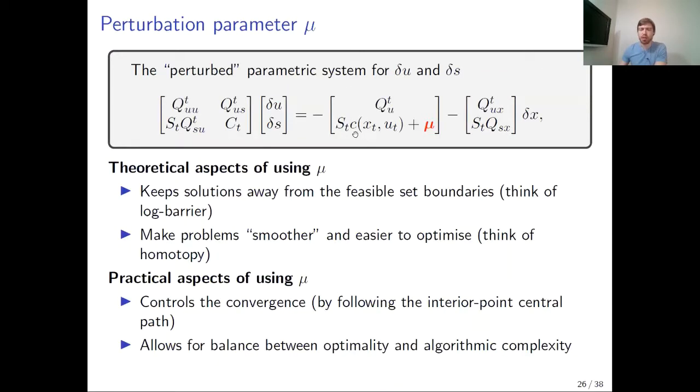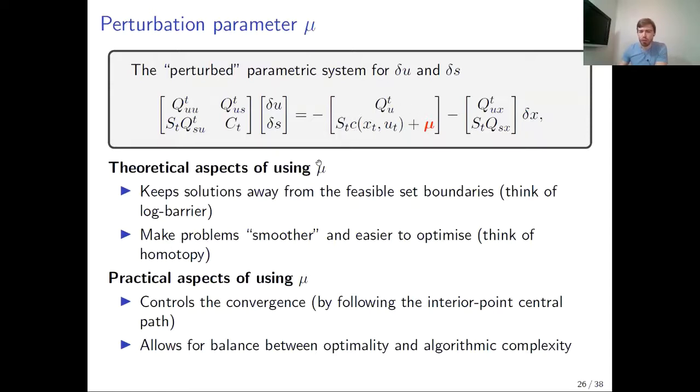So what's special about this parametric system? As you can see, it can be already resolved for delta U and delta S as an affine function of delta X. So let's focus on the perturbation which we put inside the parametric system.